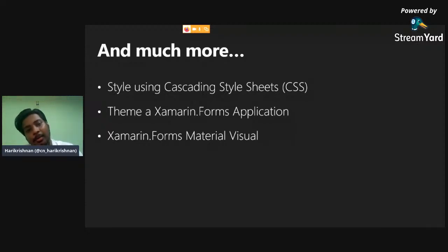That is also possible by using the Xamarin.Forms Material Visual. Let's take bank apps, for example. Bank apps look almost similar on all platforms. That's one typical example for Material Visual, where you see the same UI across multiple platforms.